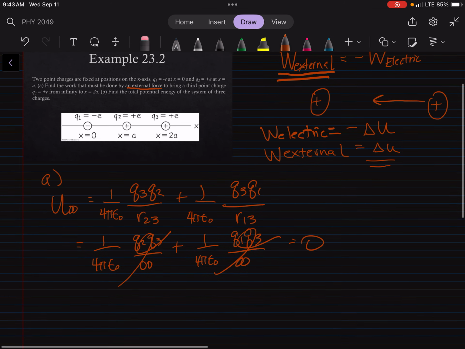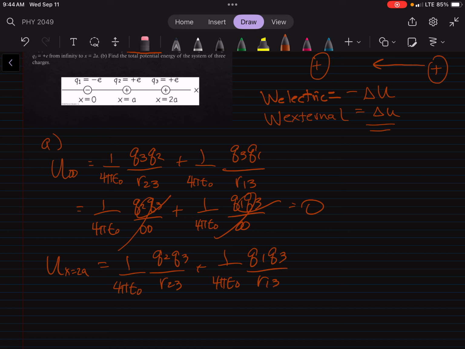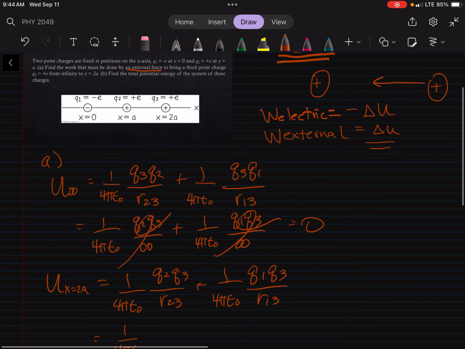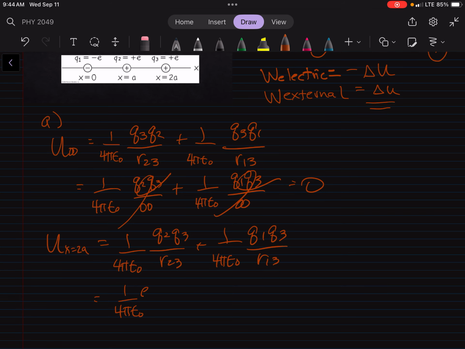Well, what about the potential when he is at location x equals 2a? Okay, let's do the same procedure. Let's add up the two terms. Q2 Q3 over R23, Q1 Q3 over R13. So what are those distances? And let's plug in also the values for Q. Q2 was plus e, Q3 was plus e, so that gives me e squared.